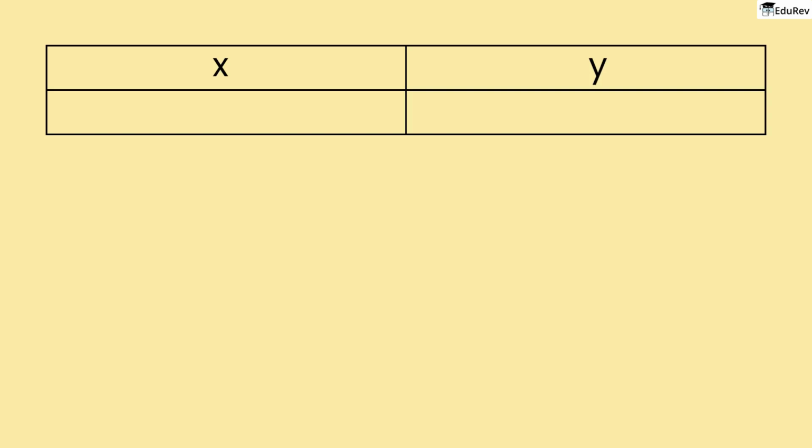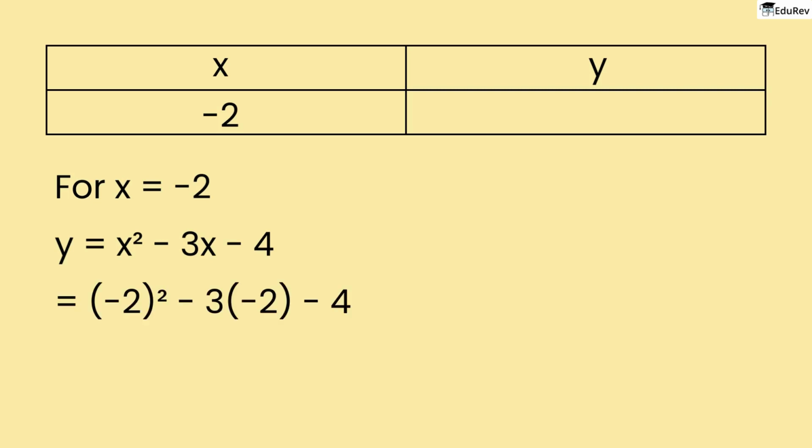For x equals minus 2, we get y equals x square minus 3x minus 4, which is equal to minus 2 square minus 3 into minus 2 minus 4, which is equal to 6.